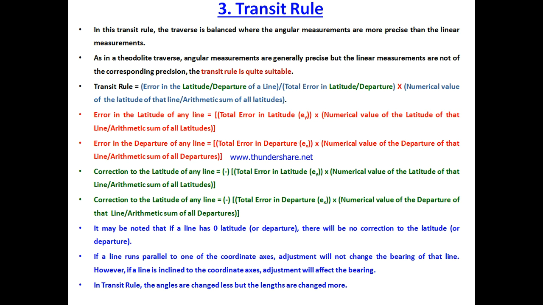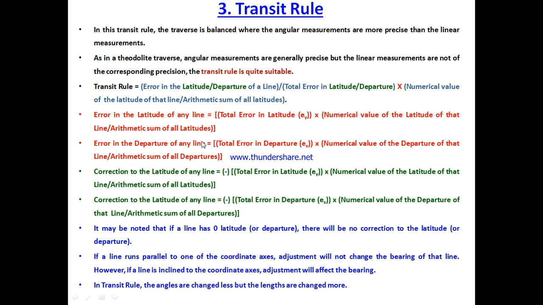Now we will calculate the error with the help of transit rule in latitude as well as in departure. The error in the latitude will be calculated as total error in latitude, represented by EY, into the numerical value of the latitude of that particular line upon the arithmetic sum of all the latitudes.